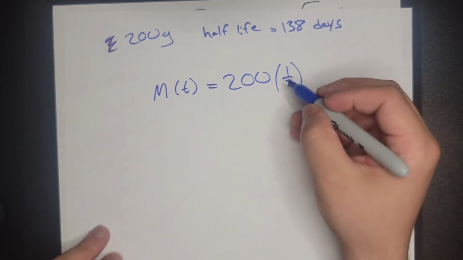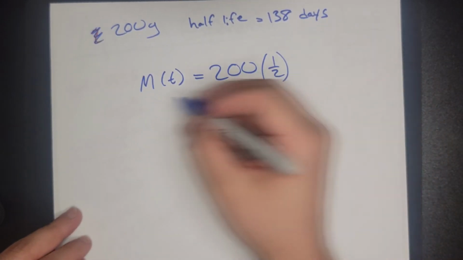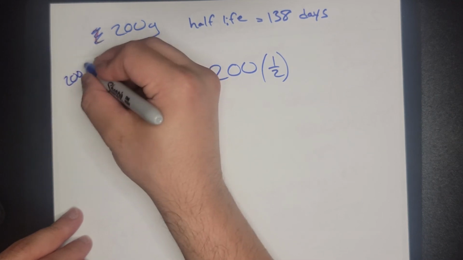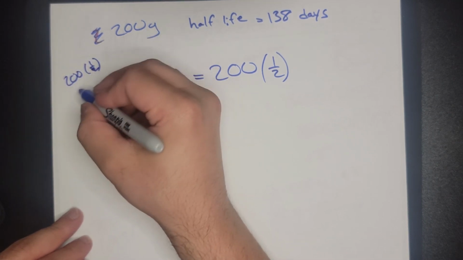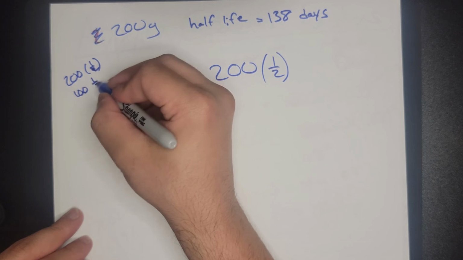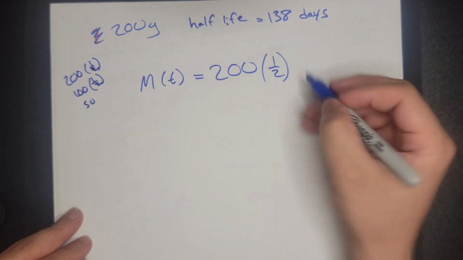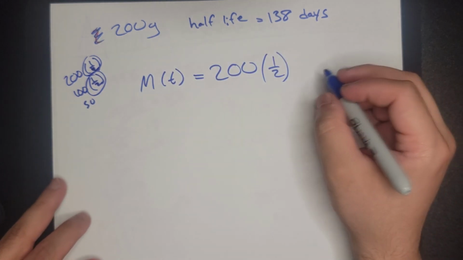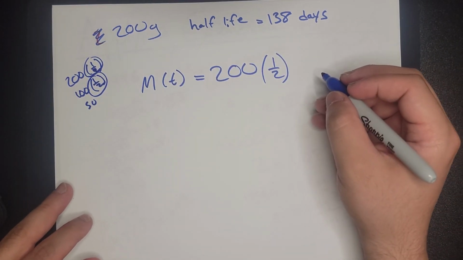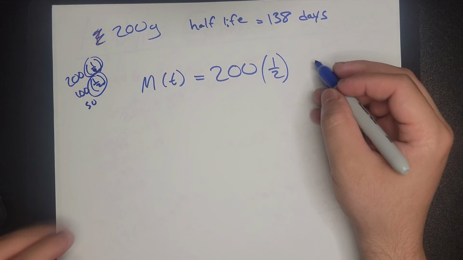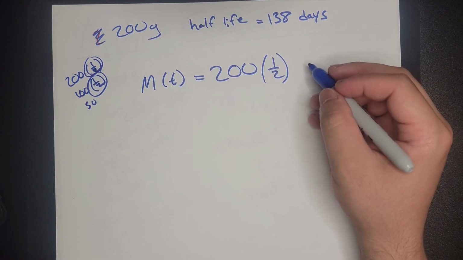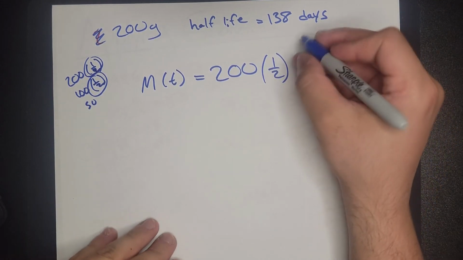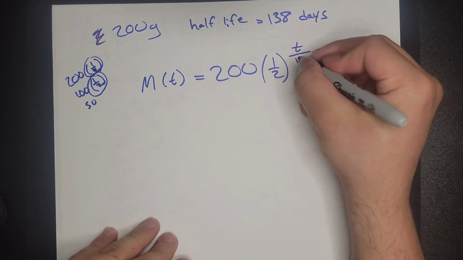Here we're decaying by half. So 200 times 1 over 2 is 100, times 1 over 2 is 50. So how many times we're going to multiply this is going to be the exponent, the number of half-lives we're going to go through.